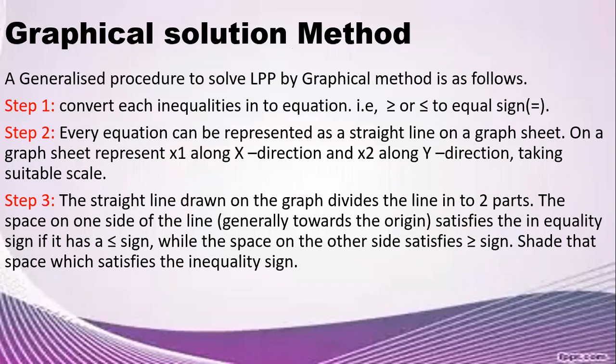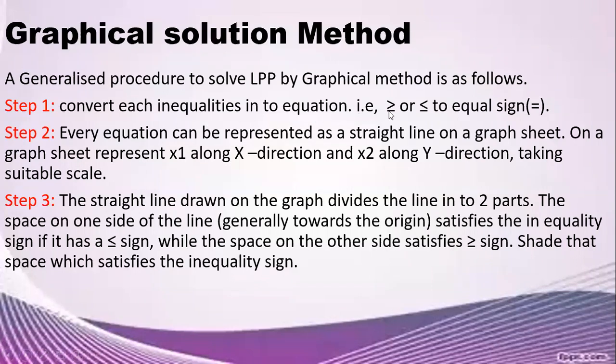Before taking any problem, we are going to discuss the steps involved in the graphical method. First step, whatever inequalities they have given in the problem, convert those inequalities into equations.